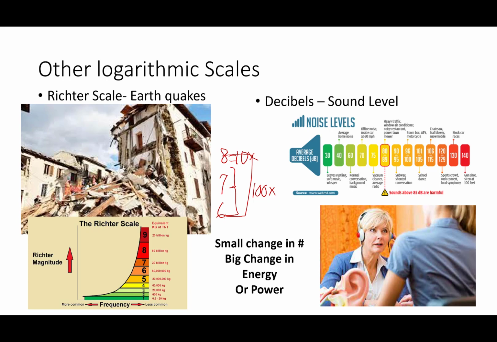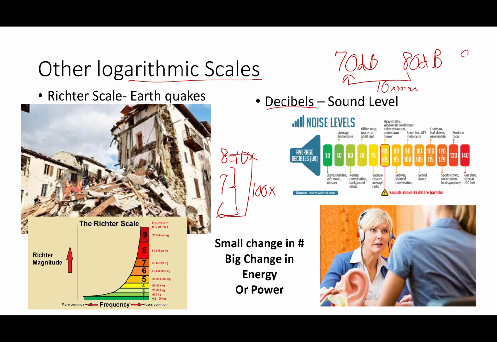Decibels is another logarithmic scale that you may have heard of. This is what's used for sound level. And decibels, they add an extra 0 in there, but the idea is still the same. So if you have a sound at 70 decibels and another sound at 80 decibels, the difference between the 80 and the 70 is 10 times more.